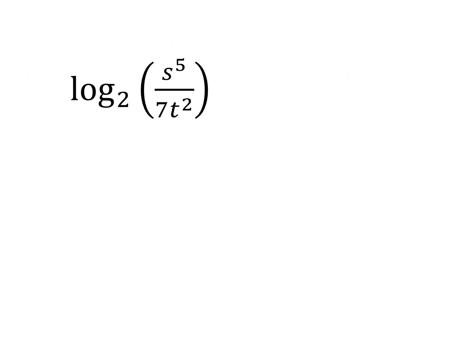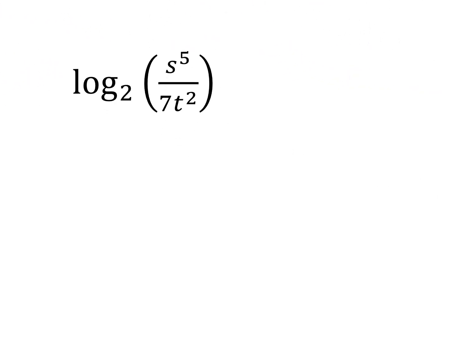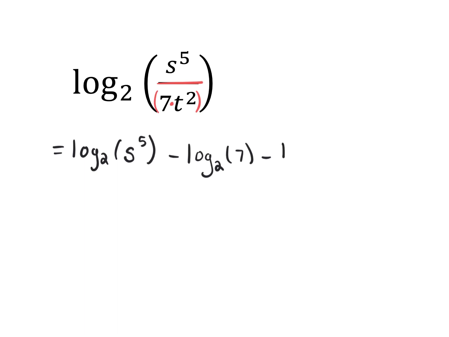Okay, our last example of expanding is a log base 2. And we have a division, and within the division, in the denominator, we have a multiplication. So this is going to be log base 2 of s to the power 5. I know those are unfortunate letters to be paired together because they're so similar. Then I'm going to have minus log base 2 of 7, and also subtract log base 2 of t squared.